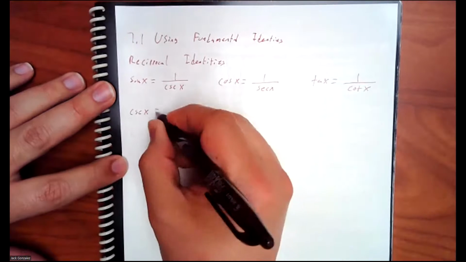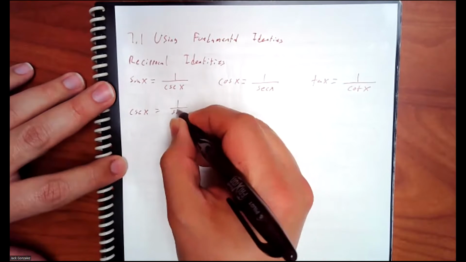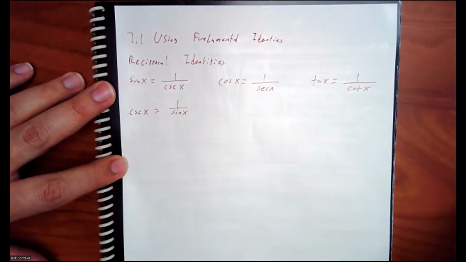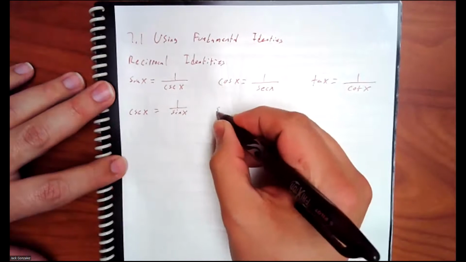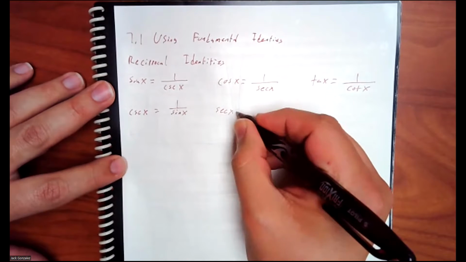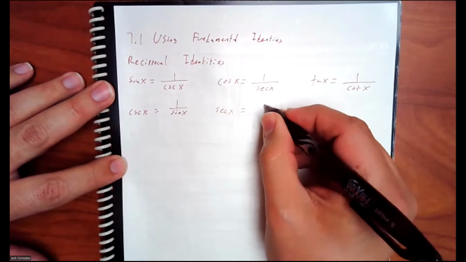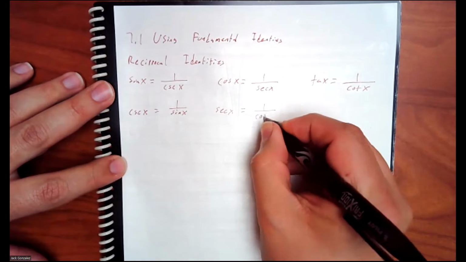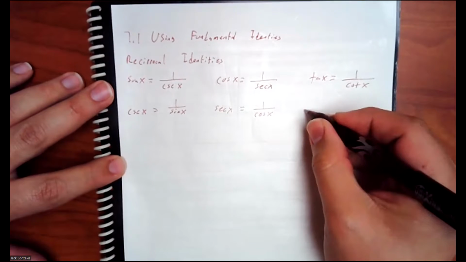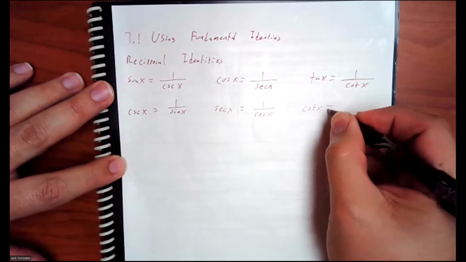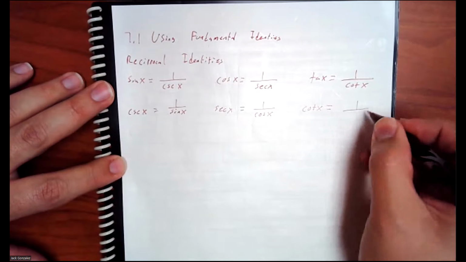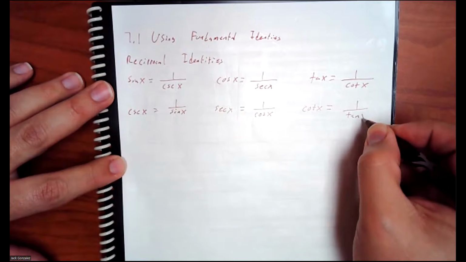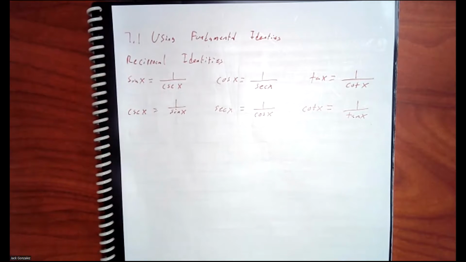Cosecant x is equal to 1 over sine x. Secant is equal to 1 over cosine. And cotangent is equal to 1 over tan x. No, wait a sec.